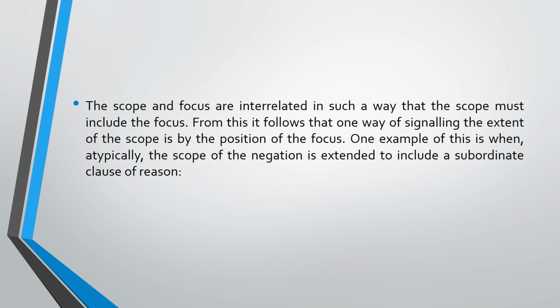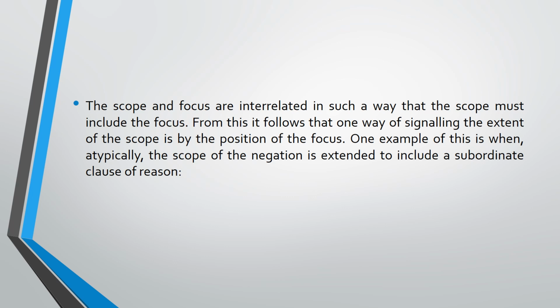of reason. So you see here, both, as we said before, the scope and focus of negation, they are related to each other, because we say that when we are putting stress on a particular word in the sentence, so we are negating this word. And when we are negating this word, this means it is what? It is within the scope of negation in the sentence. Okay?